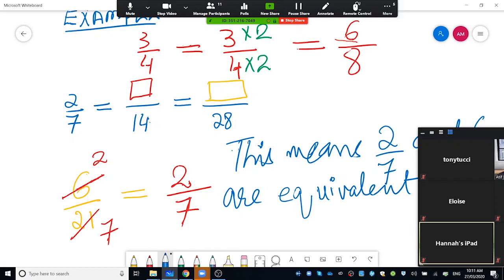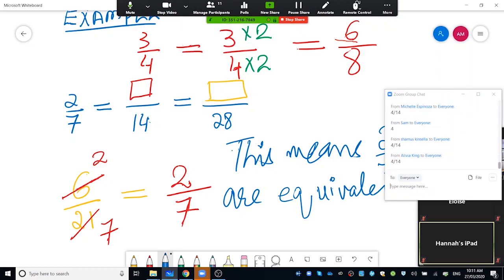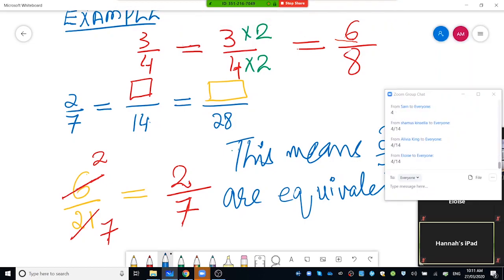Very nice. Because the 7 has gone to 14, it was multiplied by 2. So we multiply 2 also by 2, and this would become 4. Very nice.